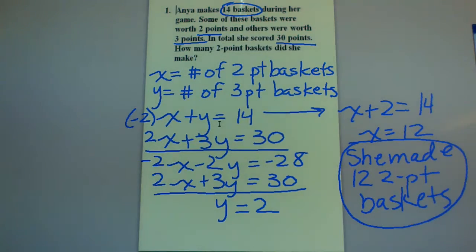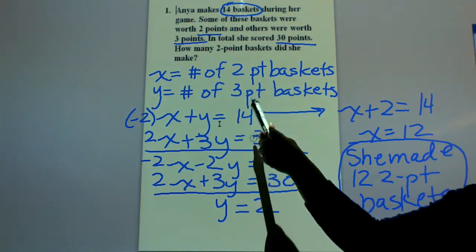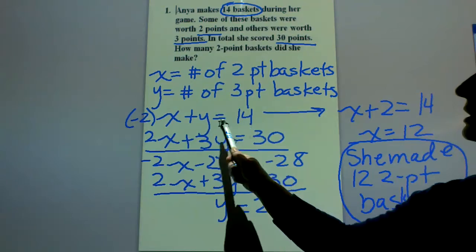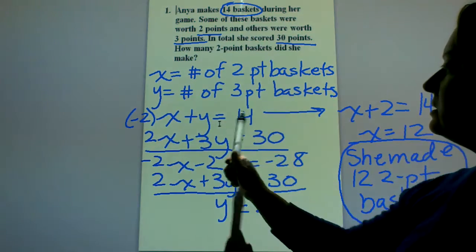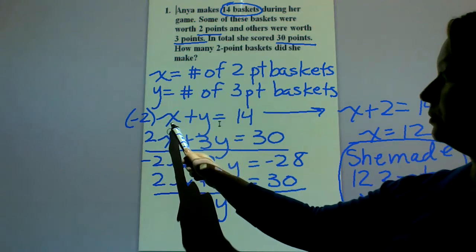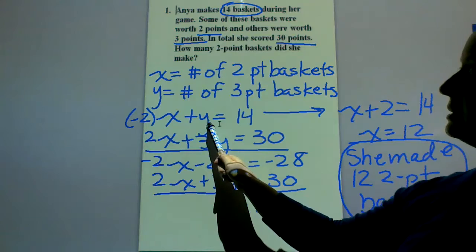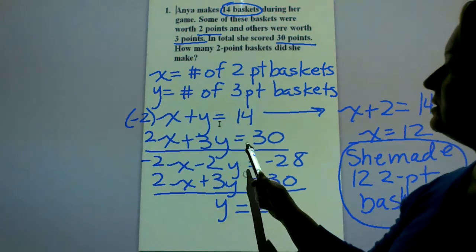Okay, so let's just walk through the process again. The first thing I did was define my variables. The next thing I looked at was the first piece of information they gave us, the 14 baskets. And so it's a combination of the number of 2-point and the number of 3-point baskets. And then the next piece of information was with 30 points.